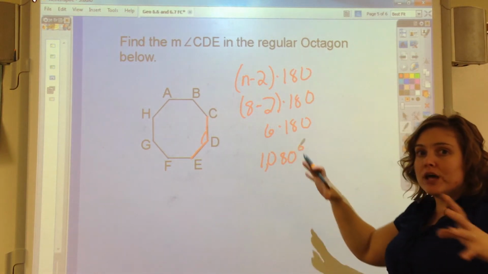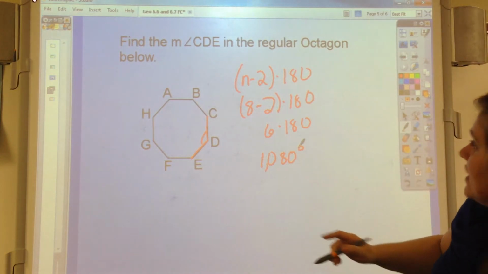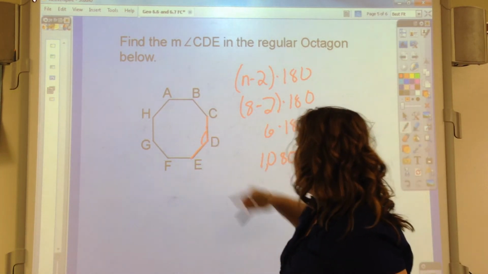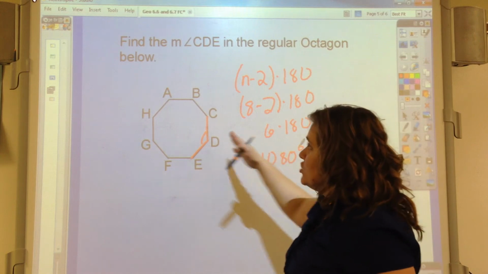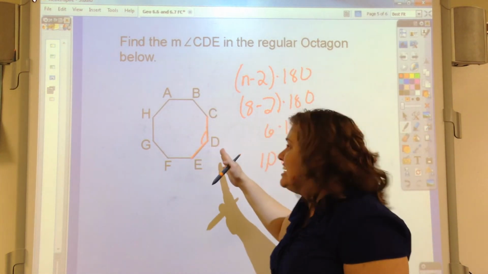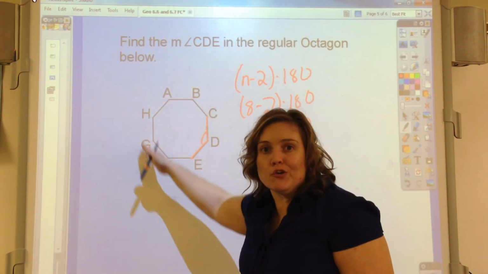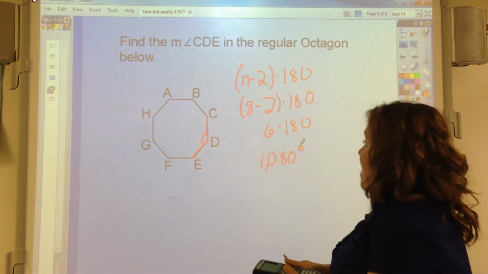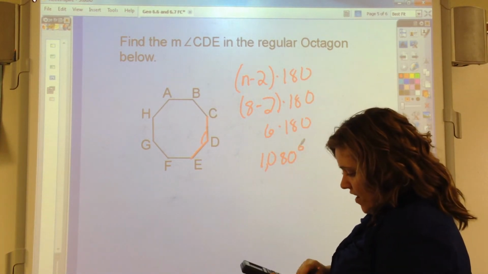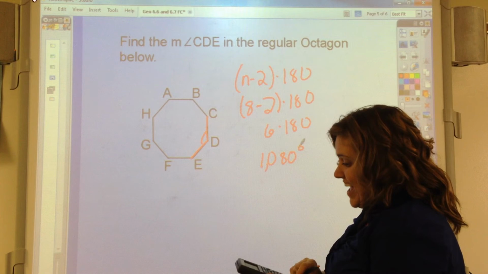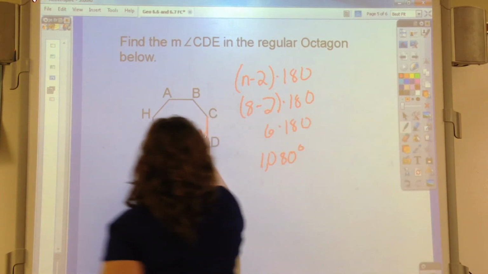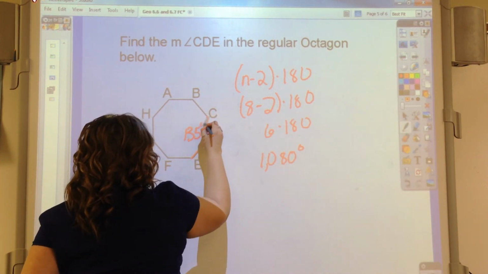So that's my total number of degrees. To find out how many degrees are right here, if I have this as my total number of degrees and each angle is congruent, I have 8 of them. So I'm going to divide that value, 1,080, by 8 and end up with an angle of 135.